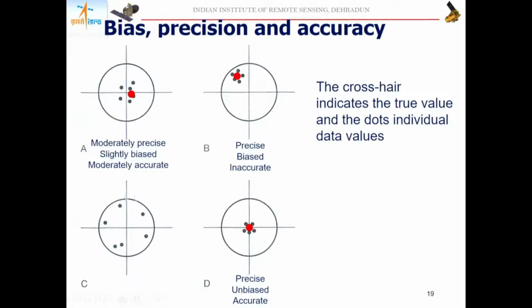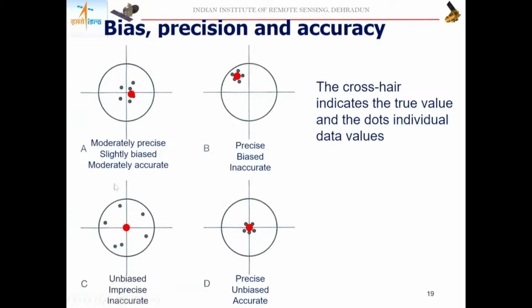And the last one, the C figure. If we see the black dots, they are spread here and there, but their average is exactly on the true value. It is like one value you take 10, another value you take minus 10, so minus 10 plus 10 will be 0. So it looks like there is no bias here, but the points are not precise.